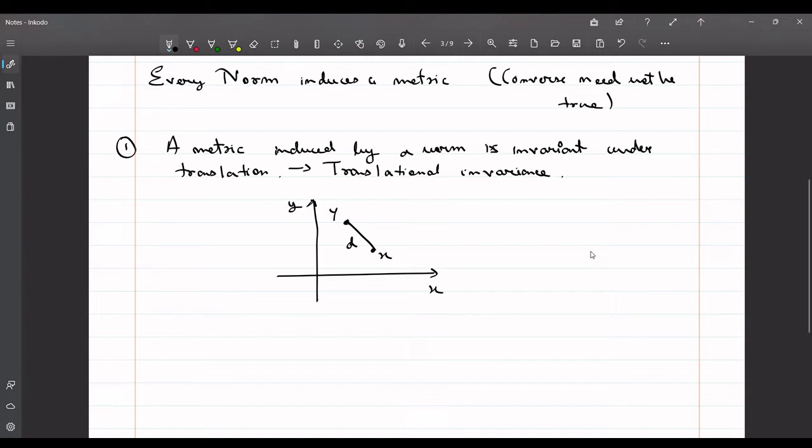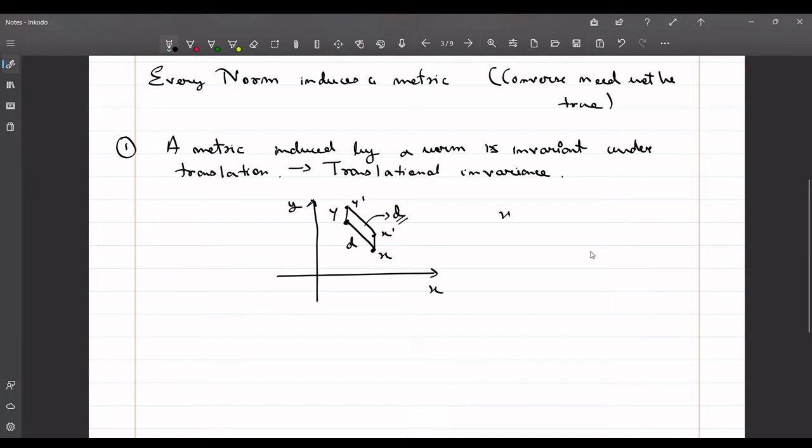Say y moves upwards to the new point y dash, and the same movement is done by x, giving x dash, and the distance between them will still remain d. This is called translational invariance.